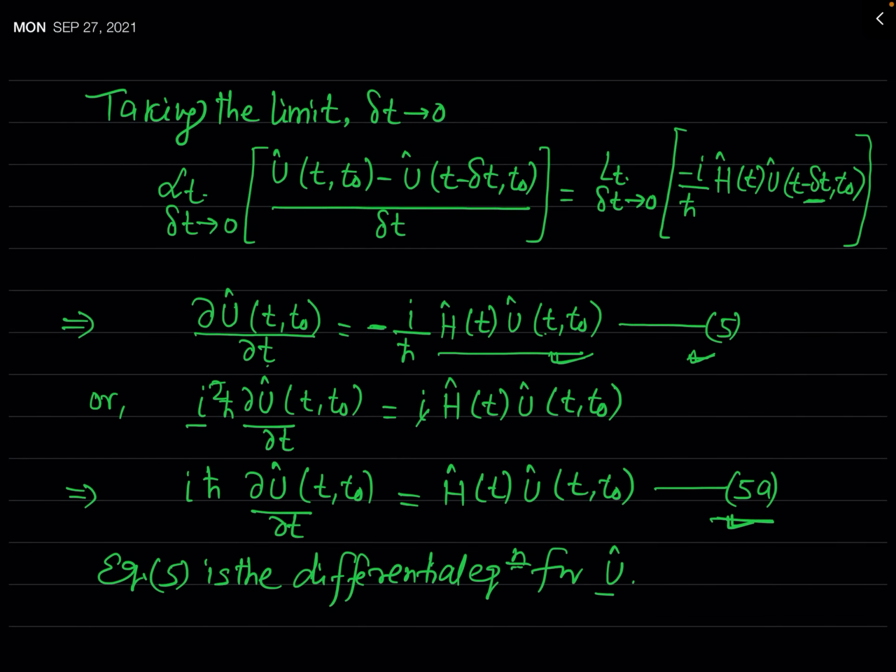You can see, what is the operator equation defined in 5a? We will operate this operator on psi of t naught, and we will also operate this operator on psi of t naught.